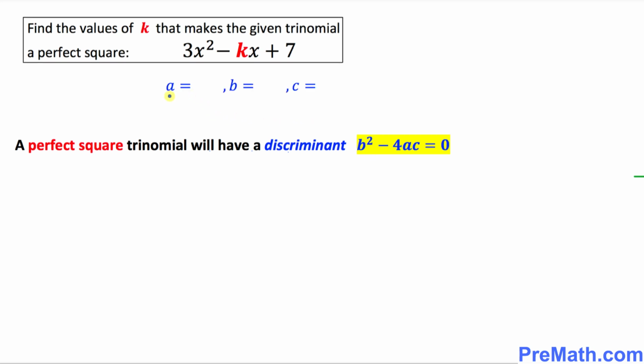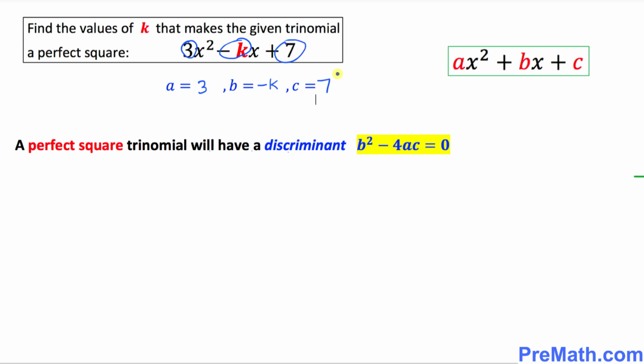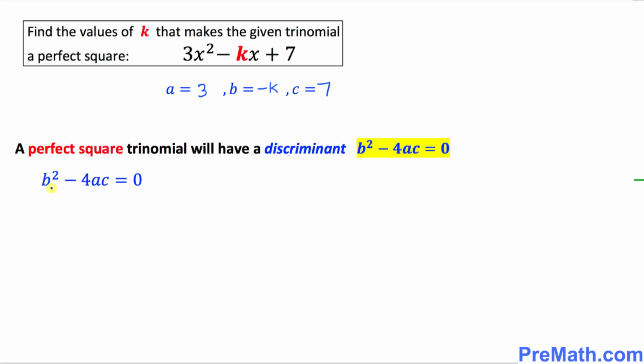So for that purpose, we need to find the values of a, b, and c. So let's compare this given trinomial with the standard form of this quadratic expression. If we compare, we can see that our a is 3, b is negative k, and c is positive 7.